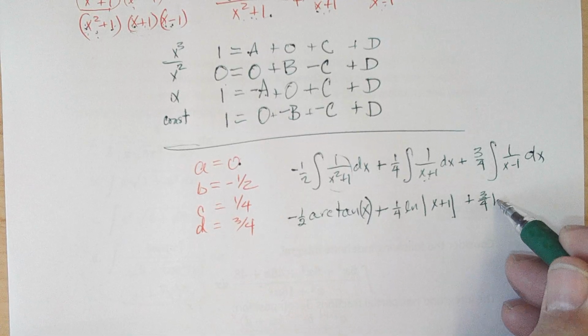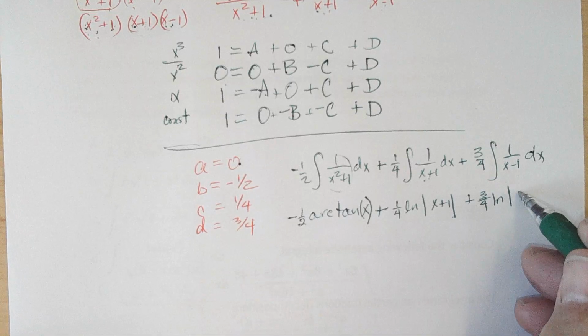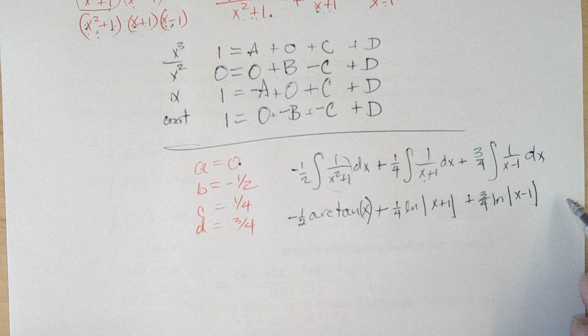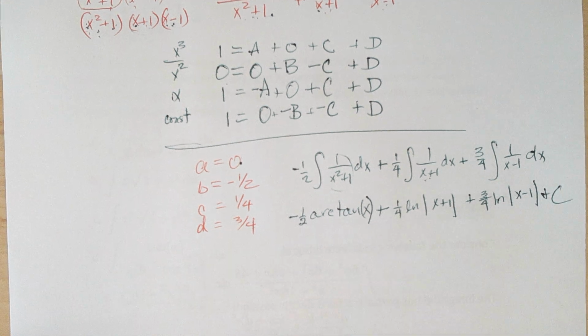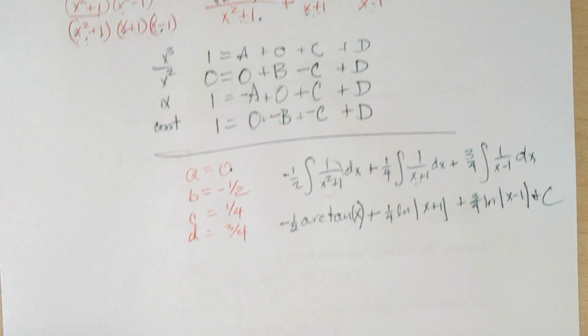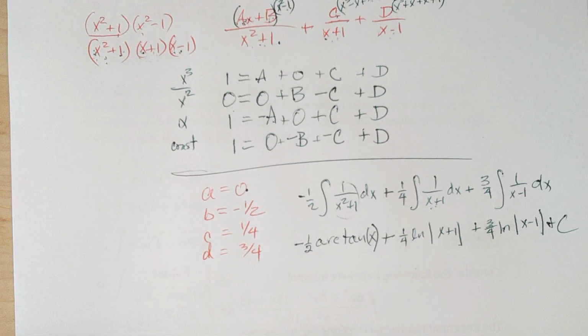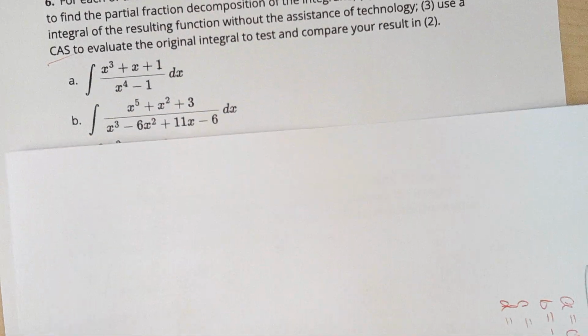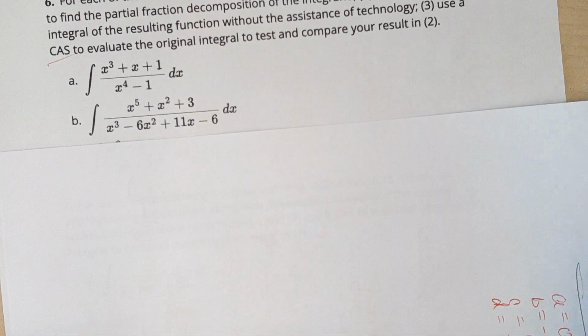Du would be equal to dx, and so I just get ln of x minus 1, because I'd get 1 over u du. So there's that one. That's A on 6. B on 6.